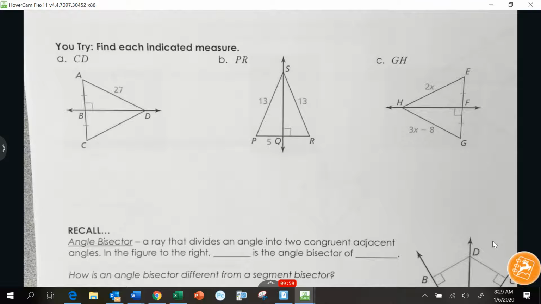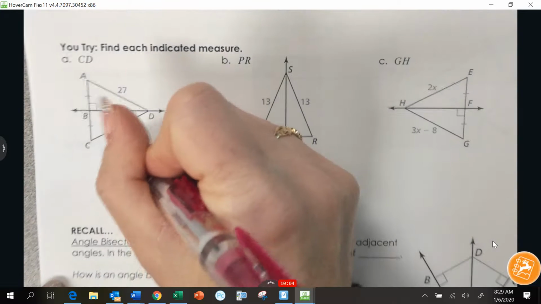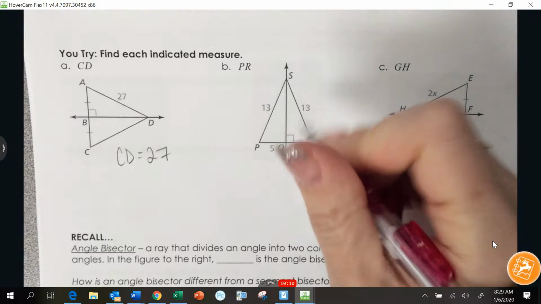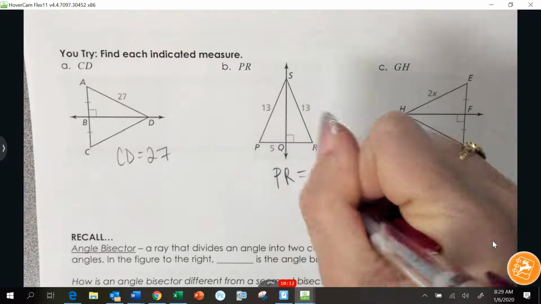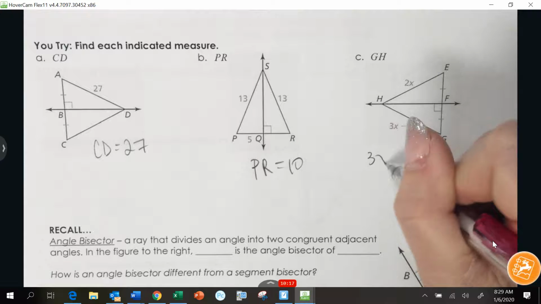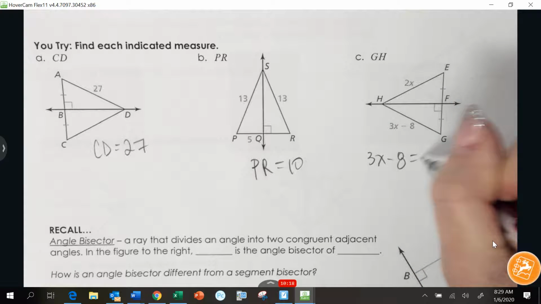Ryan, did you get A? What'd you get? Excellent. Raylan, did you get B? Very good. 10. And then I'll work out C. You should have done 3x minus 8 equals 2x.